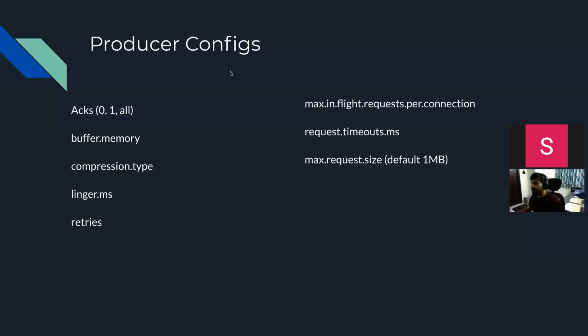Okay, the next is max in-flight requests per connection. I believe this is one of the important parameters which we should be aware of. Basically, the thread which is responsible for pushing a message into that batch or buffer area, this number tells how many such batches can lie over there, which will be pushed.